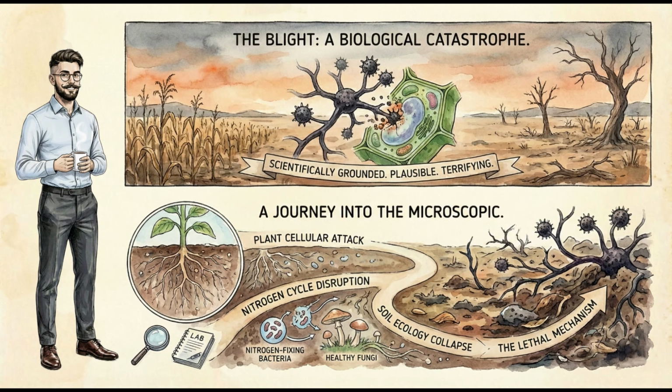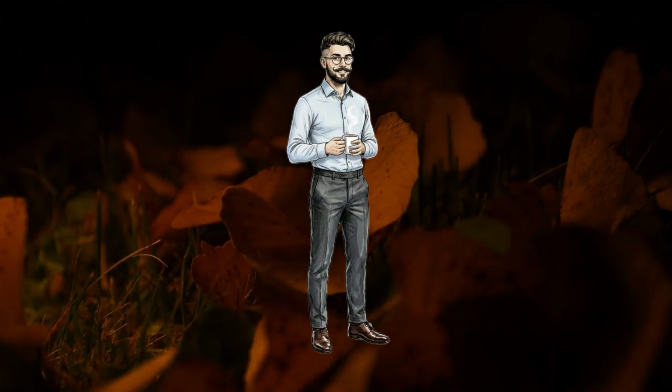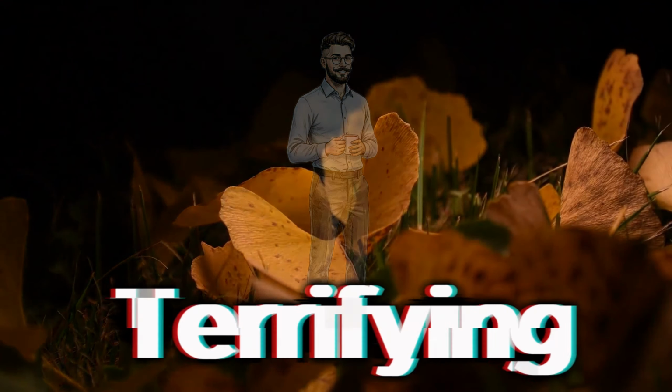It's so plausible that it's actually terrifying. To understand why the Blight is so lethal, we need to go on a little journey together into something most people never think about: Earth's nitrogen cycle. Stick with me. I promise this is about to get terrifying.